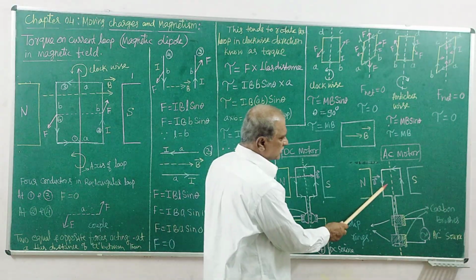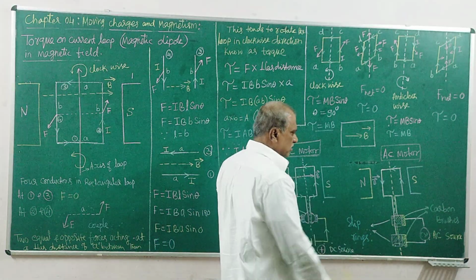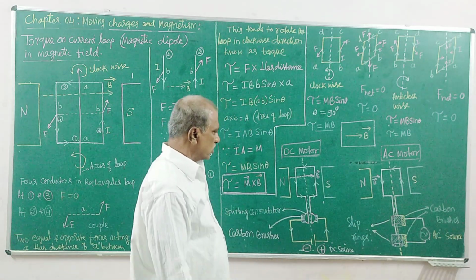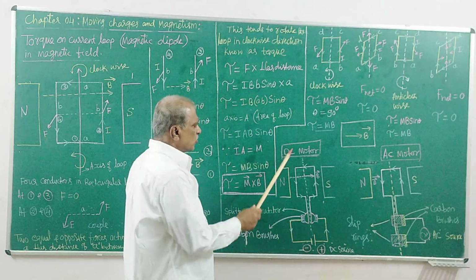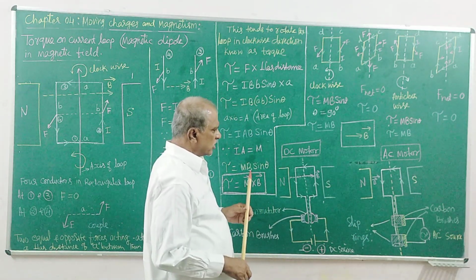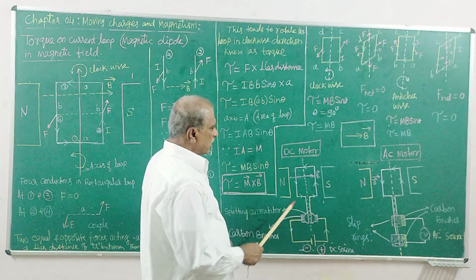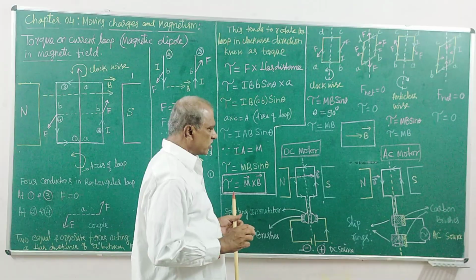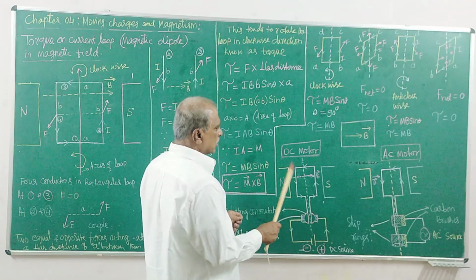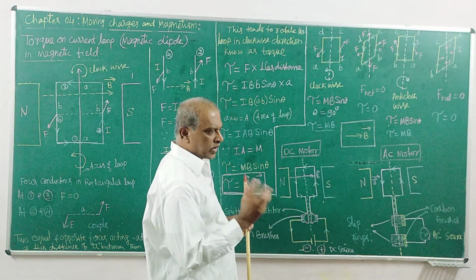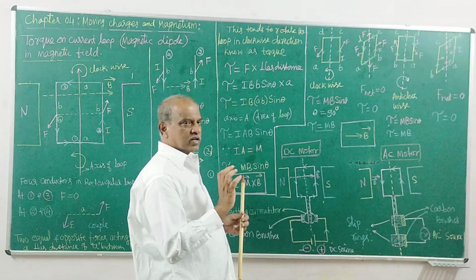Here also rotating circuit and stationary circuit. What is this DC motor? DC motor is designed so that this loop always rotates in only one direction, either clockwise or anti-clockwise, continuous rotation.